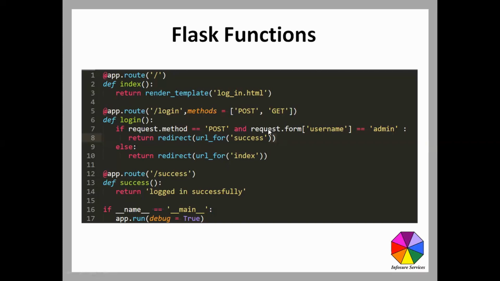So if the login is proper, with the username as admin, it will take me to the success page. If not, it will just remain there, redirected back to the index page, redirected to the home page. So again, here, when you're saying redirect to login to success, here is the route for that. So if it is success, this view will give me a message, user logged in successfully. Okay, so this is all the view definitions here.